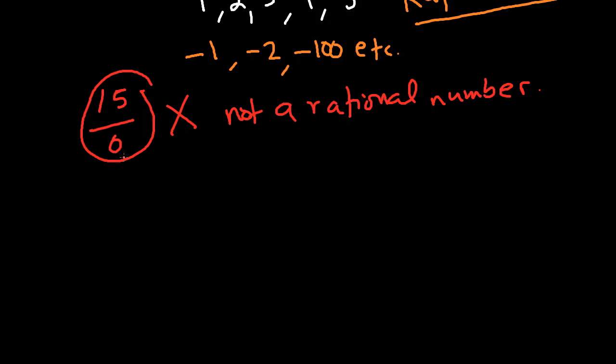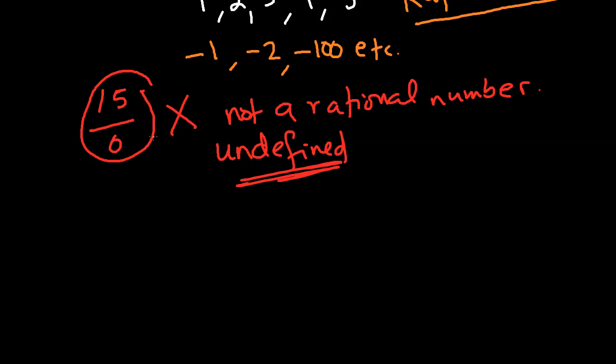Because in math, we cannot have a 0 in the denominator of a fraction. It gives you an error, and it's something called undefined. Okay, so a 0 is a no-no in math, in fractions. So whenever you have a 0 in the denominator, it is not a rational number.